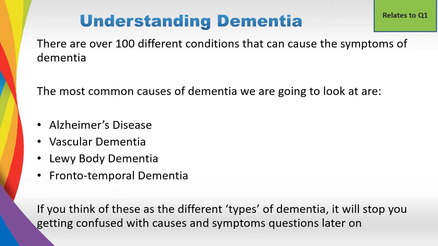So when we're thinking about the causes of dementia, you can also think of that as the types of dementia if you find that easier. The causes of dementia that we're going to be looking at throughout this unit are Alzheimer's disease, vascular dementia, Lewy body dementia, and frontotemporal dementia. So each of these cause dementia, and they do it very differently.